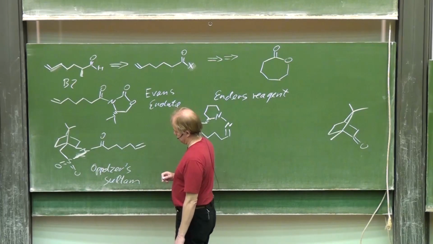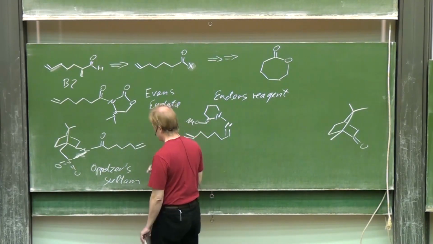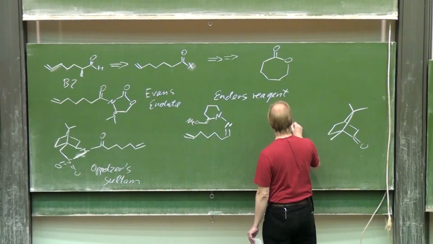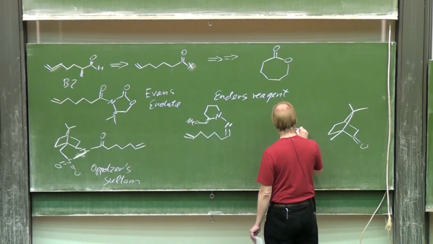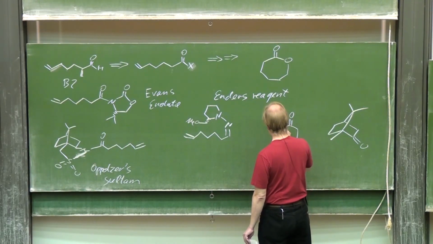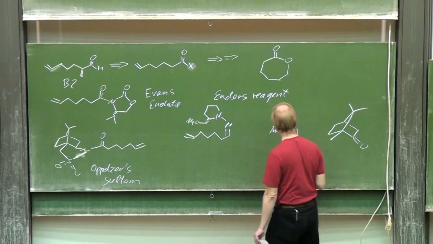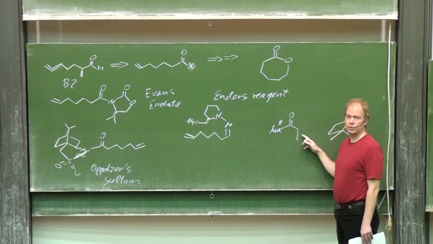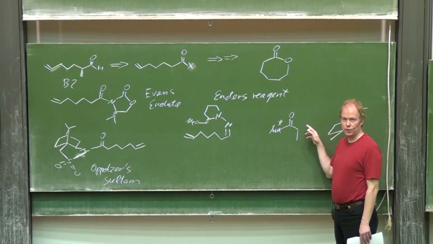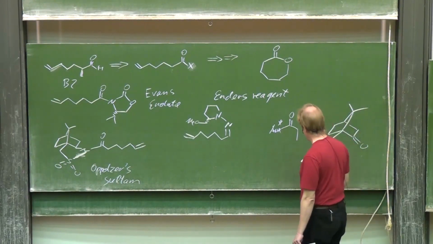Of course, you could alternatively start with the ethyl group here, deprotonate there, and then alkylate with that chain.